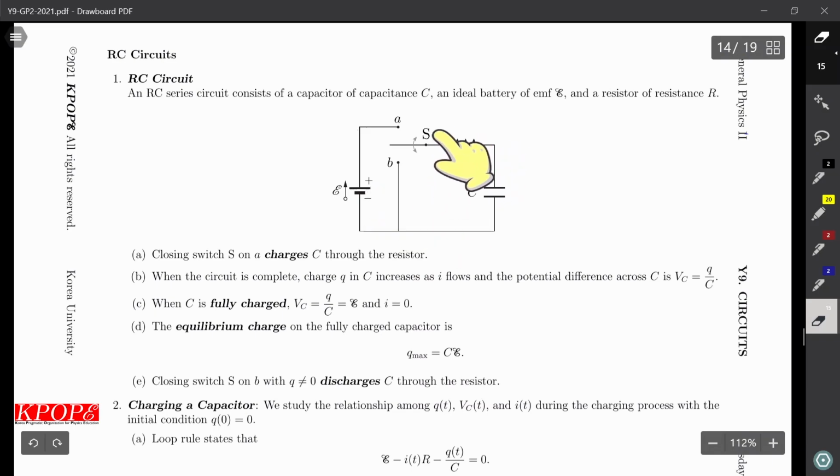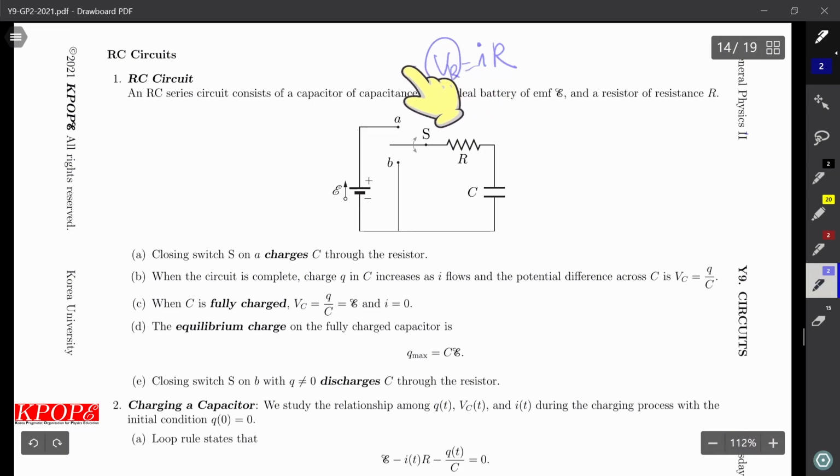That means that the potential difference between the two terminals of the resistor vanishes. Because of Ohm's law, VR equals IR, if there is no potential difference in the resistor when C is fully charged, then the current must vanish.